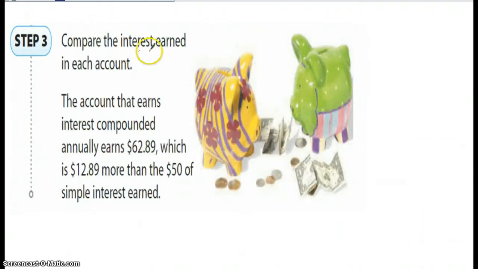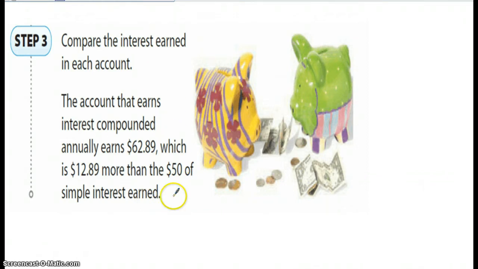It tells us to compare the interest earned in each account. So the account that earns interest compounded annually earns $62.89, which is $12.89 more than the $50 of interest earned with simple interest. How do we get that?